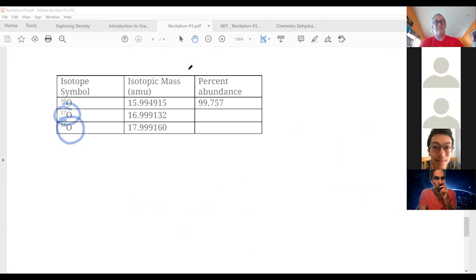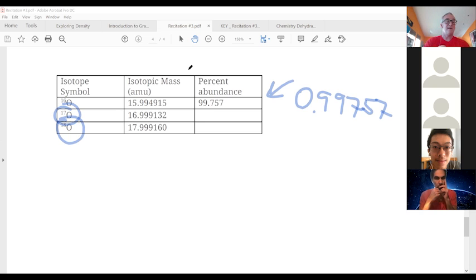Well, man, you're looking at this, how am I going to figure that out? Well, the way to figure that out is to consider the abundance of 16 is 0.99757, right? That's the abundance of oxygen 16.